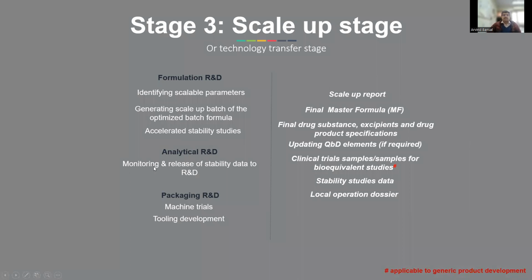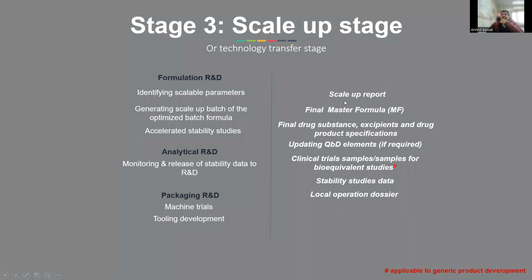The analytical team will monitor and release the stability data to the R&D from the batches that have been put on the stability studies. And the packaging R&D will carry out the machine trials and the tooling development.